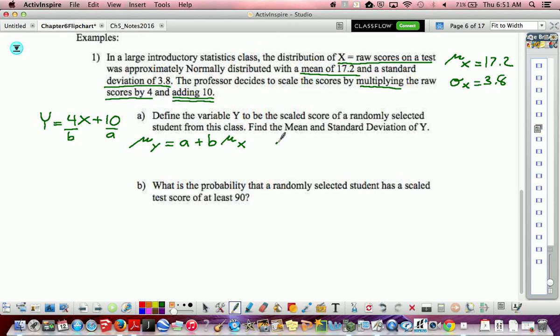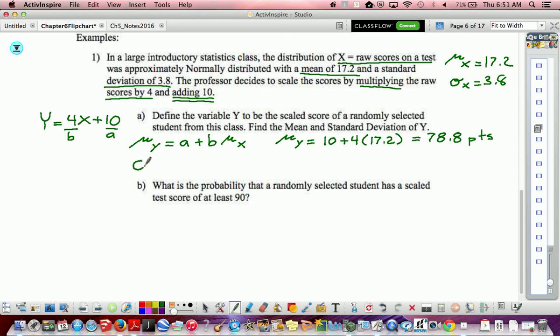So in our case, our mean of y is going to equal 10 plus 4 times 17.2. So now if you plug that into your calculator, you should have a new transformed score of 78.8 points.